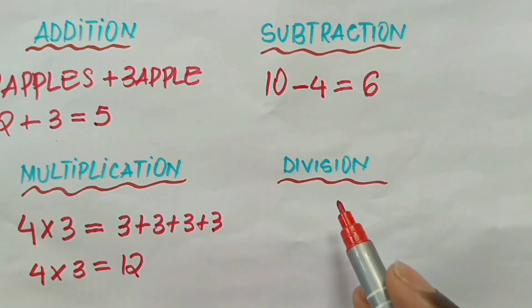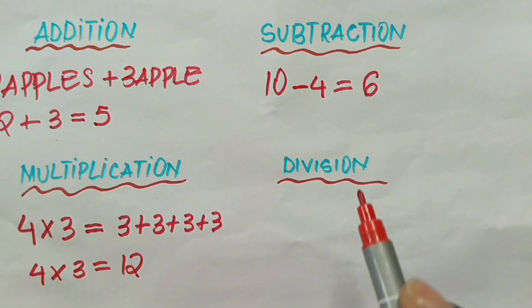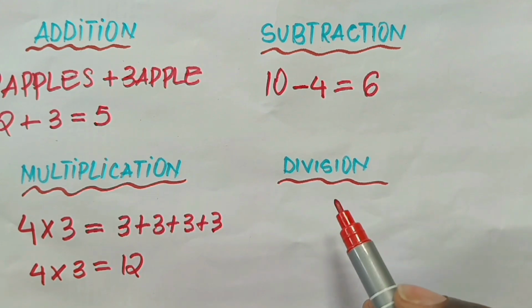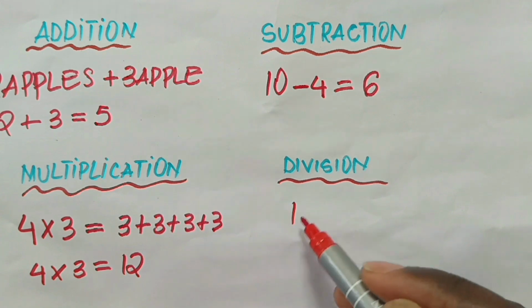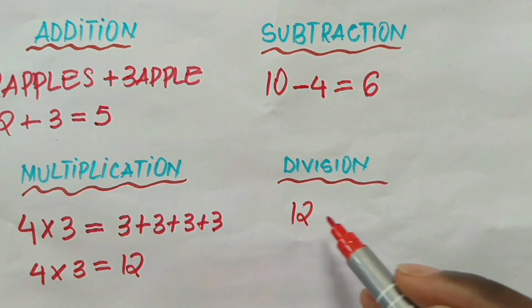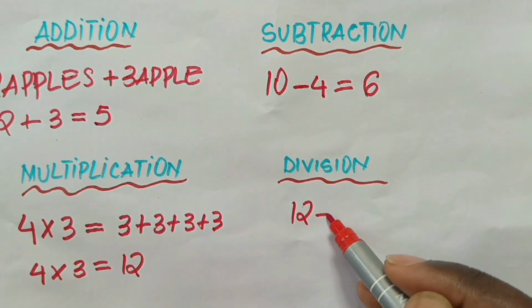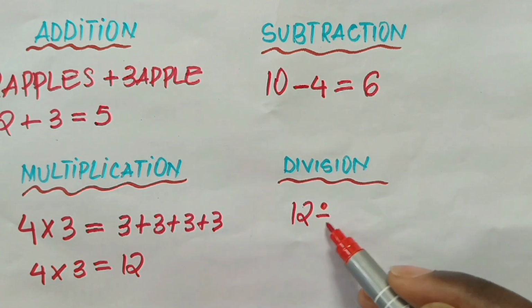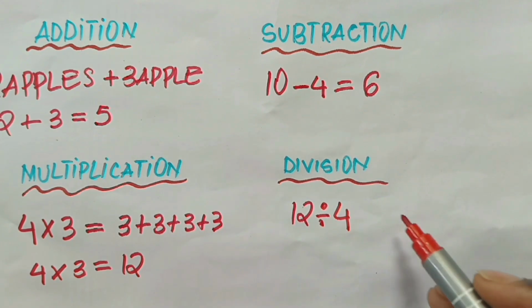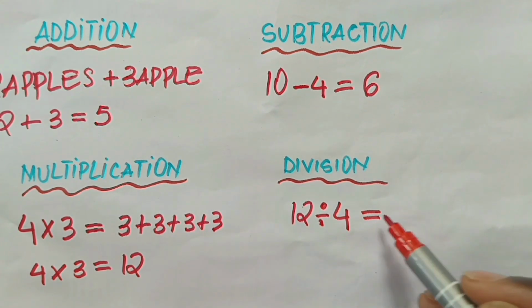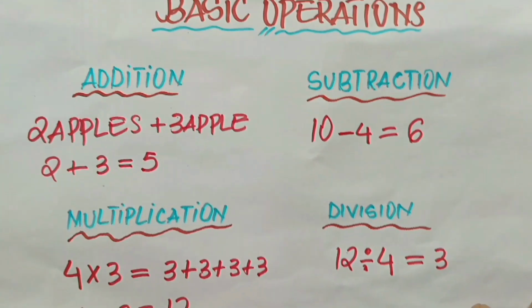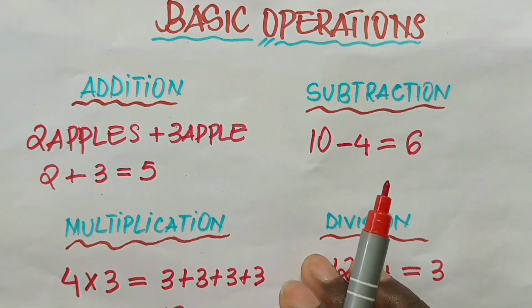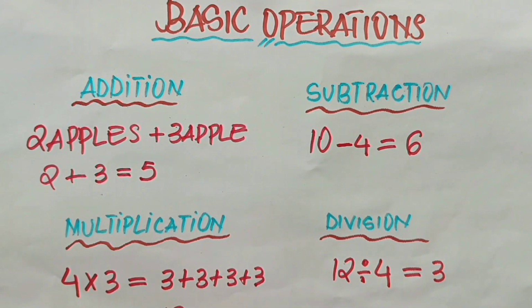And here in division, for example, you have 12 chocolates shared among 4 kids. You're going to have 3 chocolates each. This is the way you use the basic operations of natural numbers.